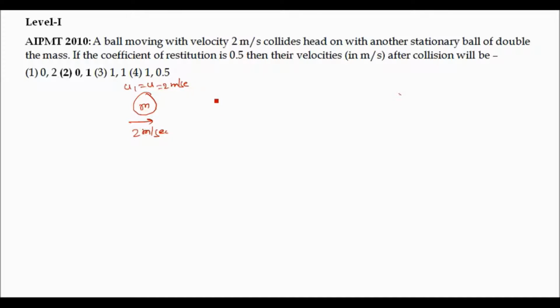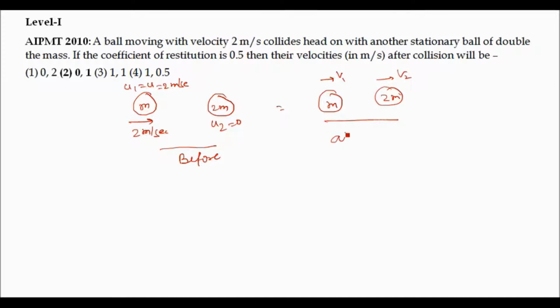The second body has a mass equal to 2m as per the problem, and this body was stationary, so u2 is equal to 0. So this is the figure before collision, and after collision the m mass is moving with velocity v1 and 2m mass is moving with velocity v2. So this is the case after collision.